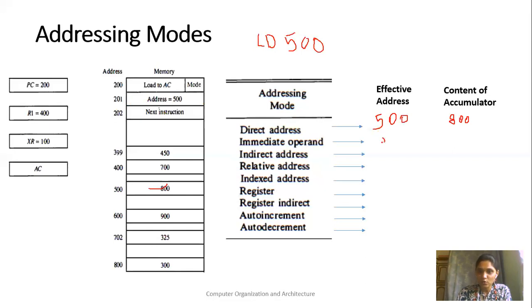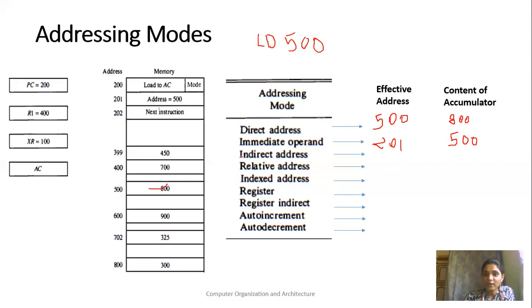The first part is stored at location 200, and the second part, that is your address field, is stored at location 201. So your effective address will be 201, and the content of that address is 500, and that is going to be stored into the accumulator when you are using this instruction in immediate addressing mode.